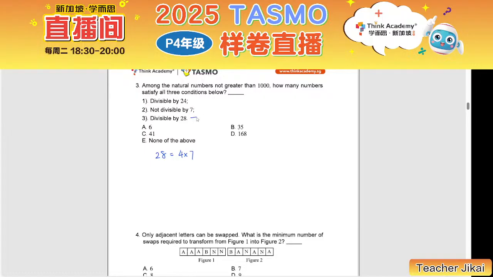So if the number is not divisible by 7, but we want it to be divisible by 7, this is a contradictory situation. So we know we have 0 numbers satisfying these conditions. So here, you choose none of the above. No numbers satisfy.